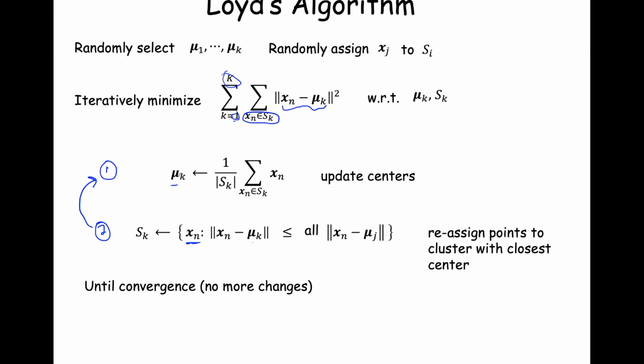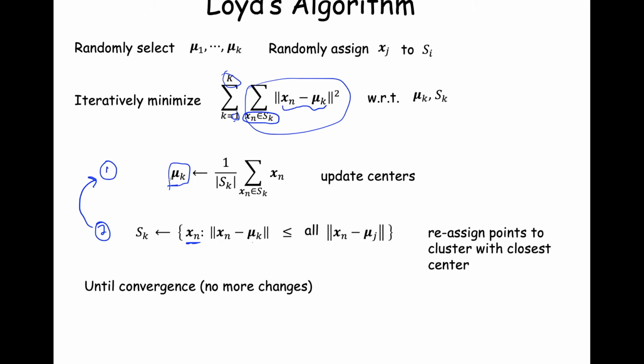And each time, your expression for this inner summation is going to get smaller and smaller because of this nearest center criterion in the second step. So once you update your assignment of points to clusters based on the closest center, you then go back and update the value of the center.